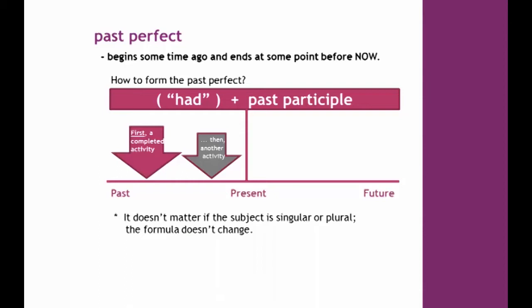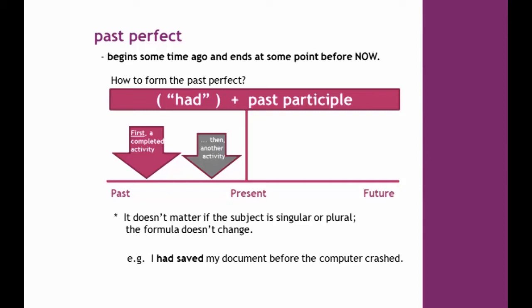It doesn't matter if the subject is singular or plural. The formula doesn't change. The verb had does not change even if your subject is singular or plural. It is still the same.